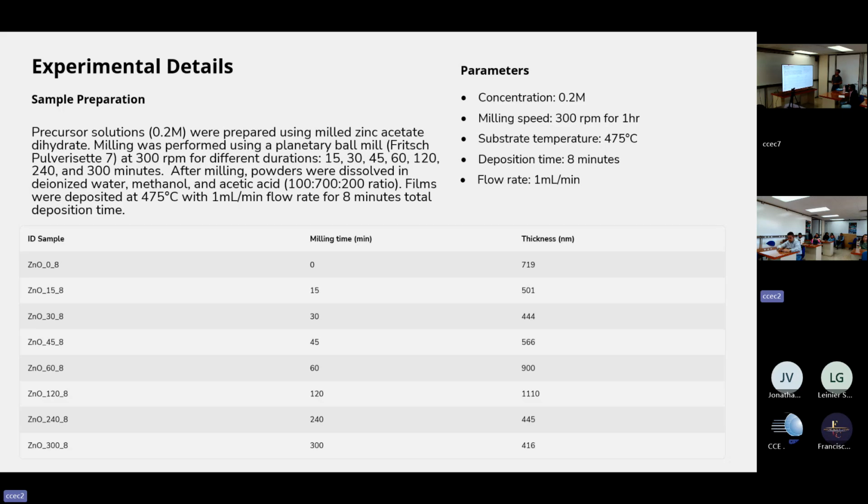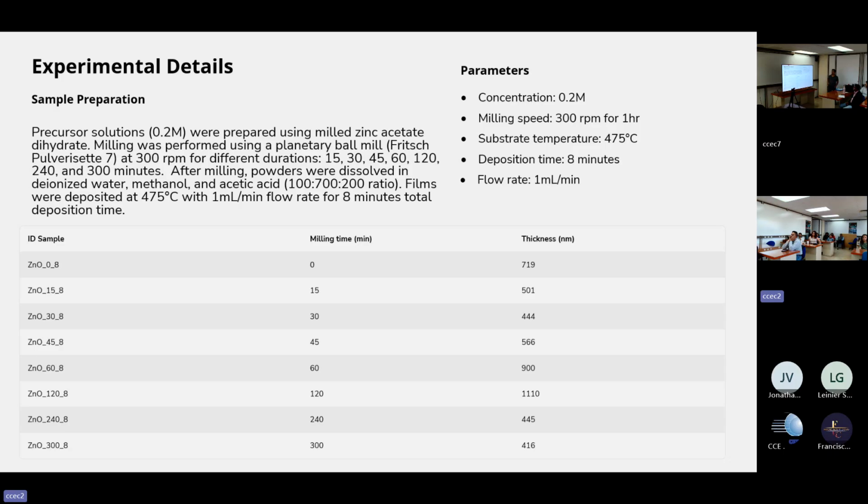Okay, the zinc acetate anhydrous precursor was prepared at a concentration of 0.2 mole and milled mechanochemically in a planetary mill at 300 revolutions per minute for different times: 15, 30, 40, 45, 60, 120, 140, and 300 minutes.